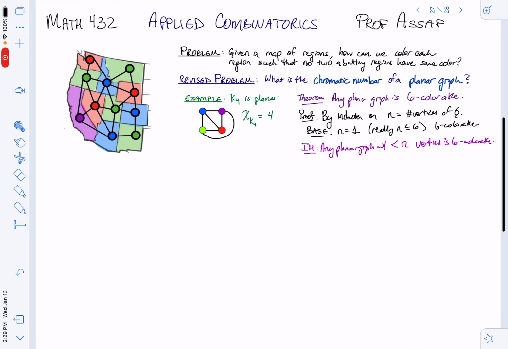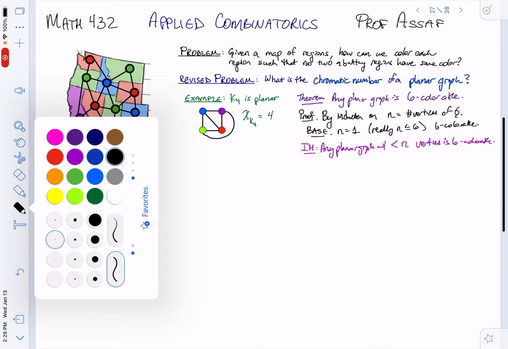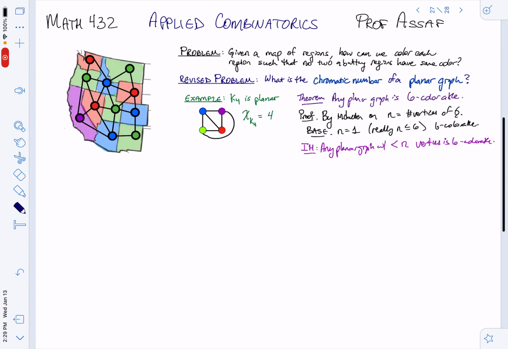And it turns out we're going to pause for just a second, and we're going to prove a lemma. So lemmas are these little statements that help us prove theorems. And the lemma is that when we have a planar graph, there's always at least one vertex that doesn't have lots of neighbors. And that's what's going to allow us to do the induction. So let's do a lemma.